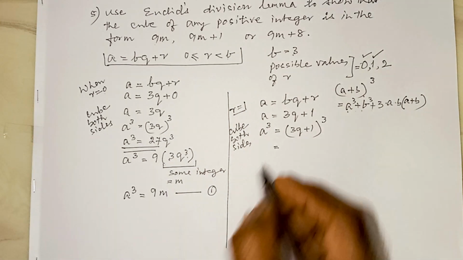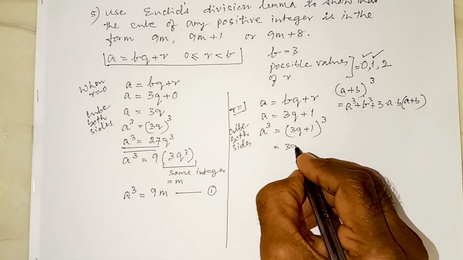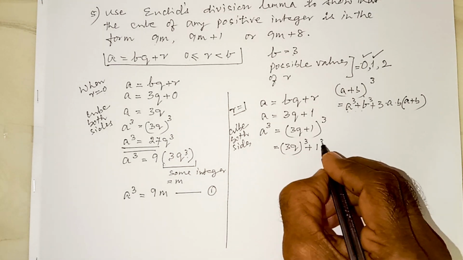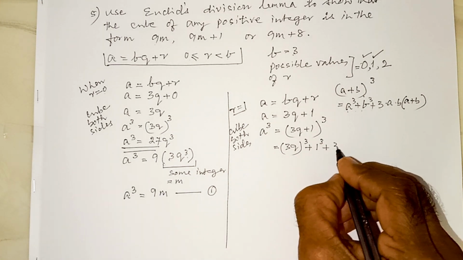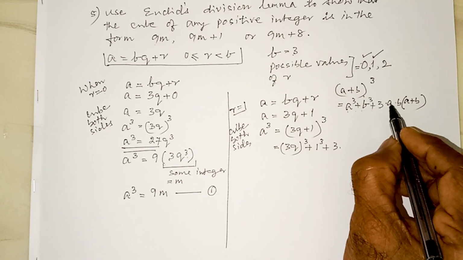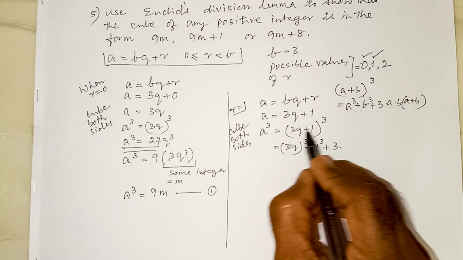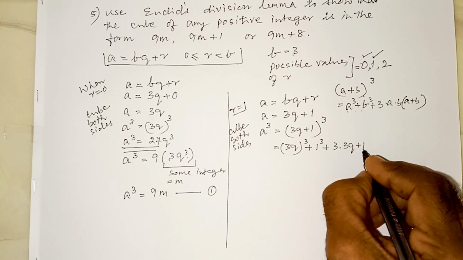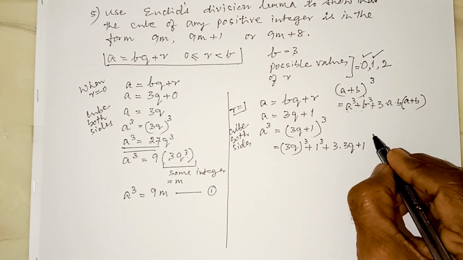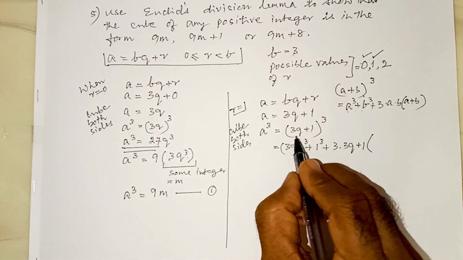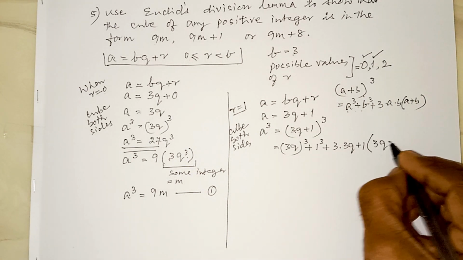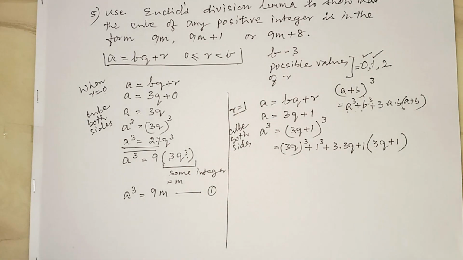Now let us open this. 3q whole cube plus 1 cube plus 3 into a into b, where this is a and this is b, 3 into 3q into 3q plus 1, the bracket a plus b.